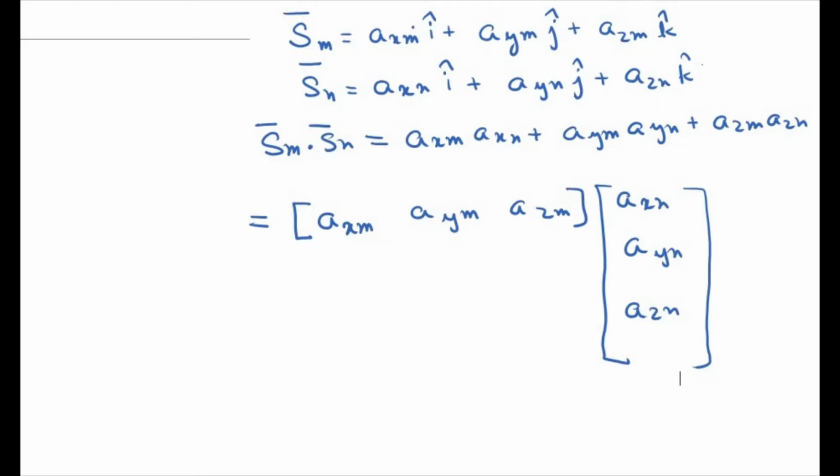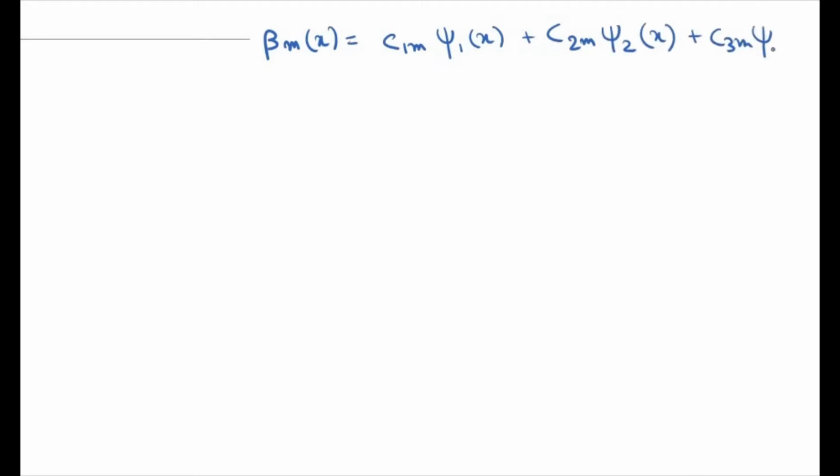We can do a similar thing for the wave function space, given that the basis set is orthonormal. So let us assume that the basis set is orthonormal and we have two wave functions. Beta m(x) is c1m psi 1(x) plus c2m psi 2(x) plus c3m psi 3(x). We are right now dealing with only three components of the basis.